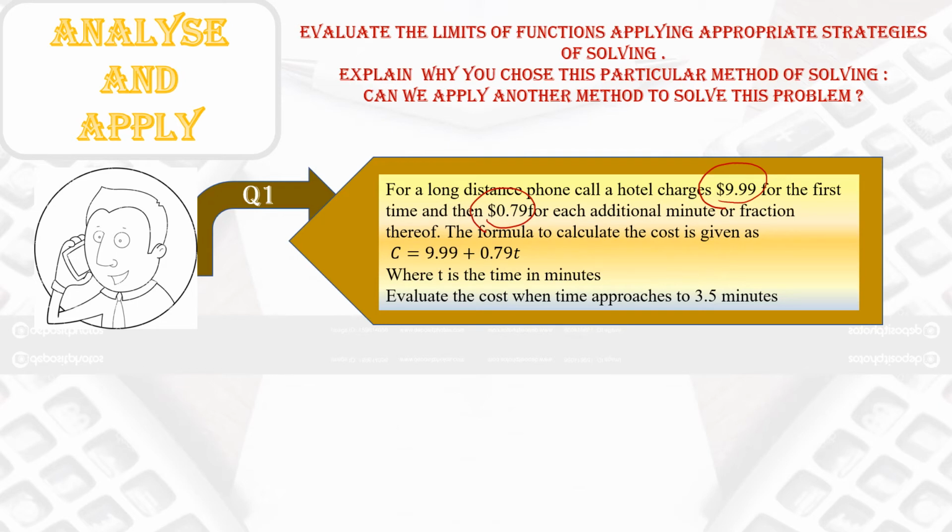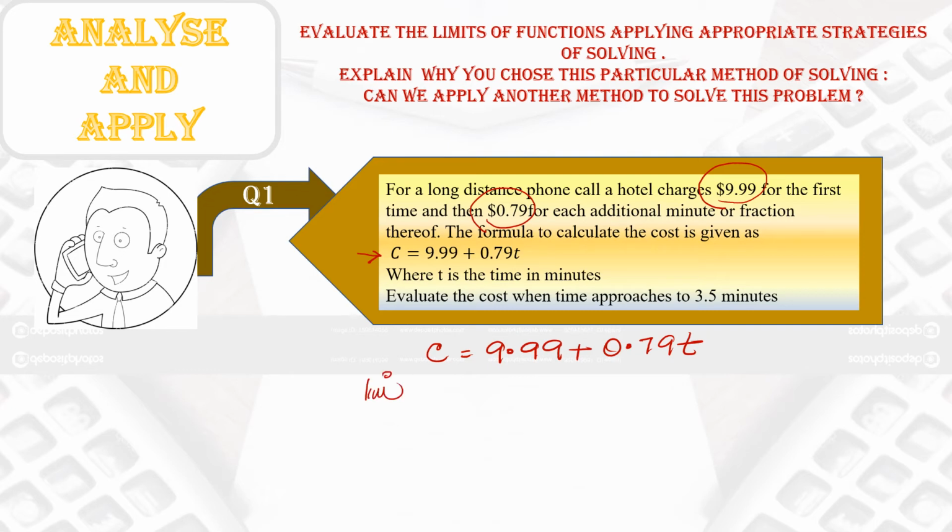The formula to calculate the cost is given as C equals 9.99 plus 0.79 times t, where t is the time, and you have to calculate the cost when the time reaches 3.5 minutes. So simple.